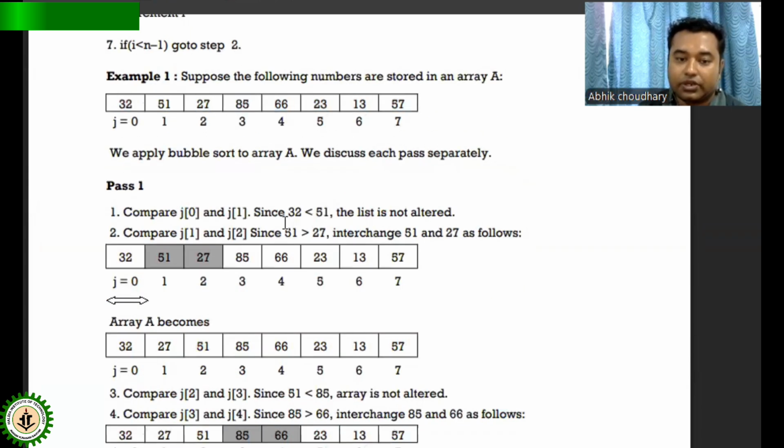In pass 1, we have to check. There are two loops for that, one for the pass and one for checking the adjacent elements.